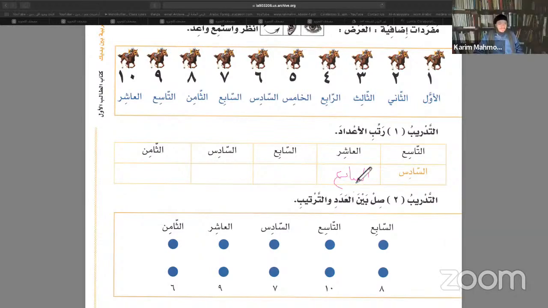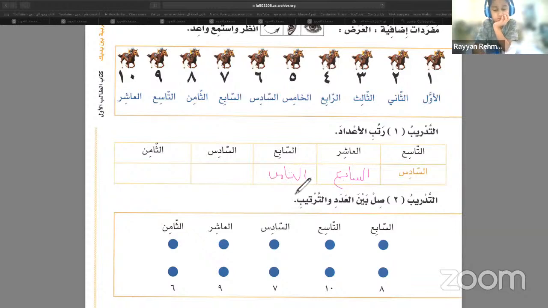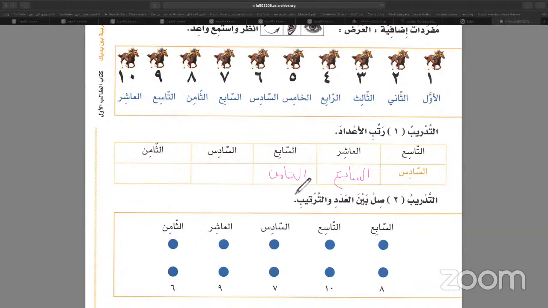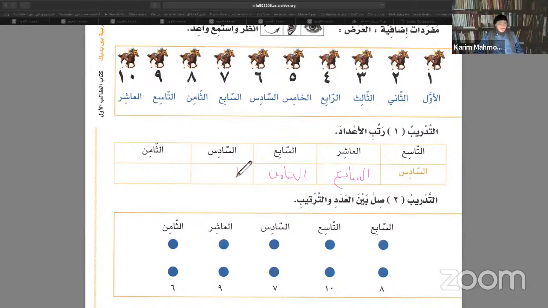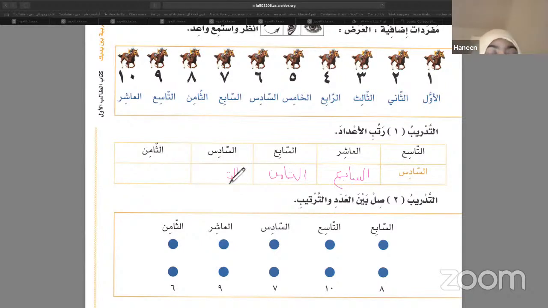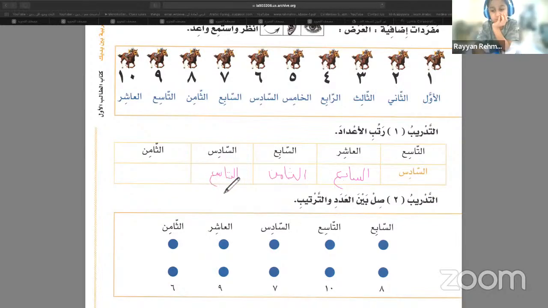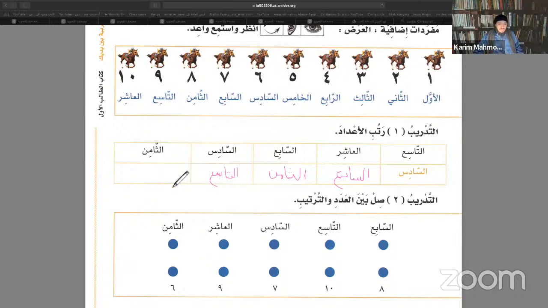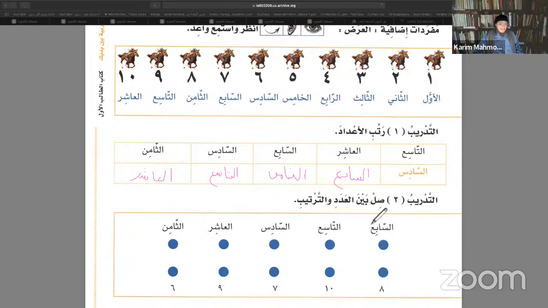What's after السابع? الثامن means eight. Okay, after الثامن? التاسع. التاسع means the ninth. Okay, last one. العاشر means the tenth. Okay. Good job. MashaAllah, everybody.